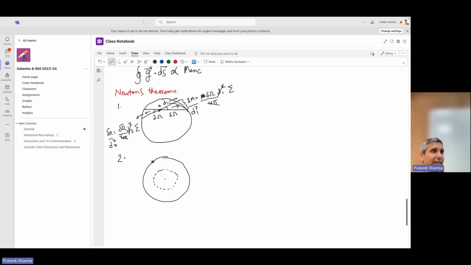This is Newton's second theorem. So instead of having to calculate minus G dm by r and sum that up over this complicated surface, if the system is spherically symmetric, you can put all this mass at the center and just calculate minus G M by this distance.